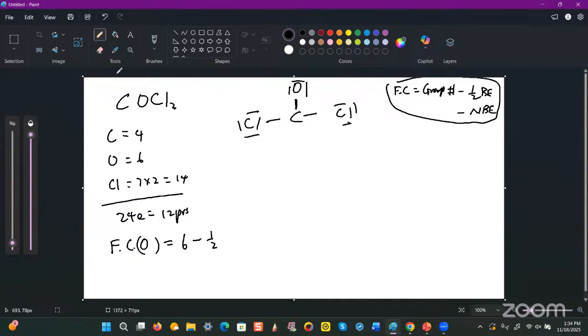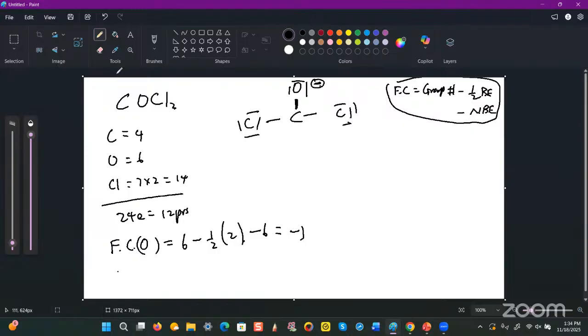We have only one bonding pair here, so that will be half of 2, and then for the non-bonding pairs, it's 2, 4, 6. So when we do this calculation, this works out to be equal to -1. So that indicates that there's a -1 charge on the oxygen.